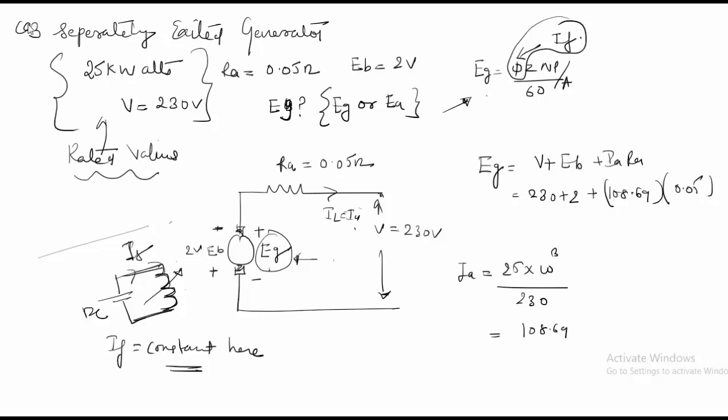So this is equal to 230 plus 2 plus 108.69 into 0.05, which is equal to 237.434. So this is my EG, which is the generated voltage.